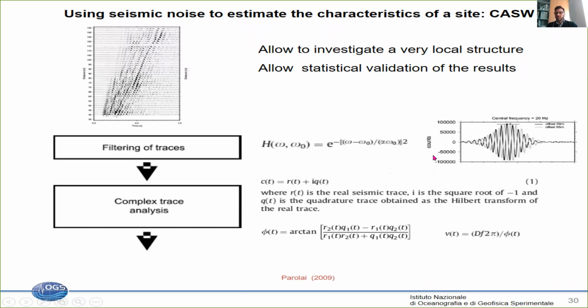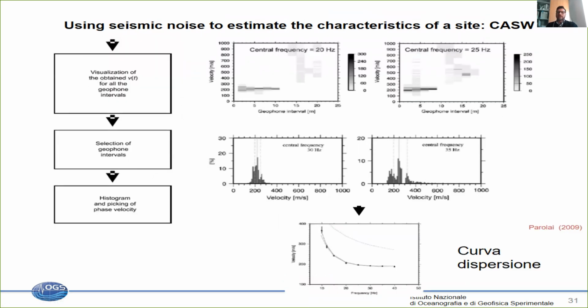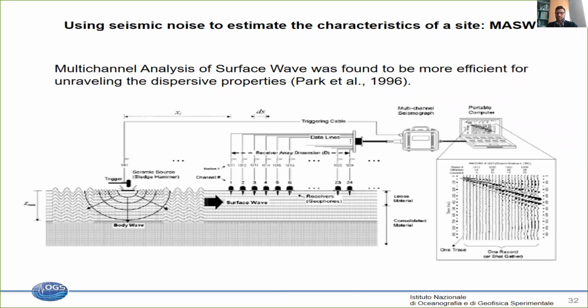Then we calculate what is called the compressed trace. So you just combine in one trace the real and the sort of imaginary part of the seismogram. With this method, which is based on the Hilbert transform, it's possible again to obtain the dispersion curve, also with methods similar to SASW, but with some statistical analysis of the dispersion curve.